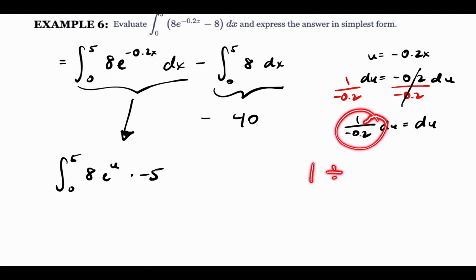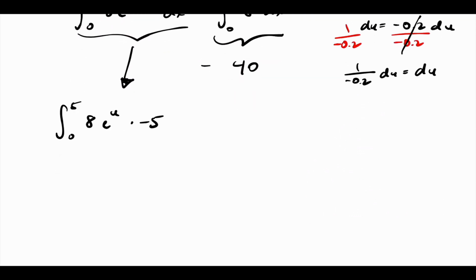Because you would have 1 divided by negative 1/5. Keep, change, flip, you get negative 5. Okay? So we have negative 40 on the outside, times negative 5, e to the u power.